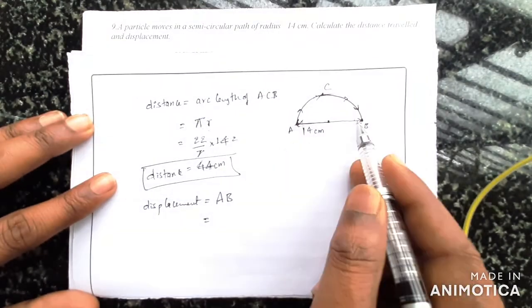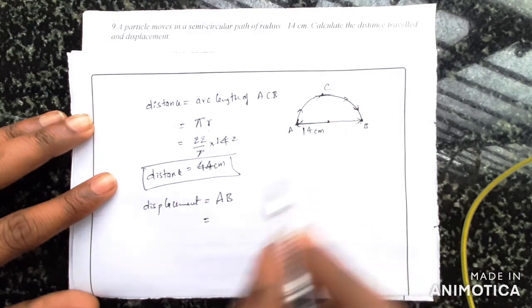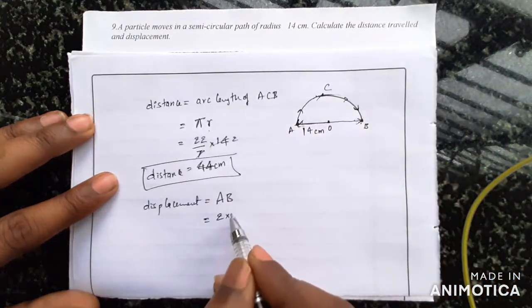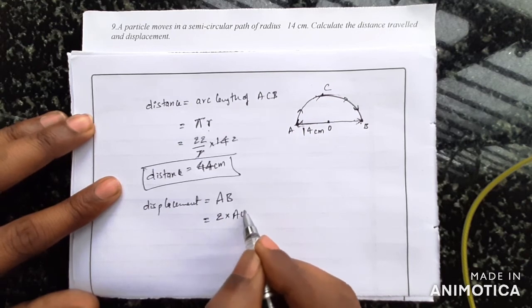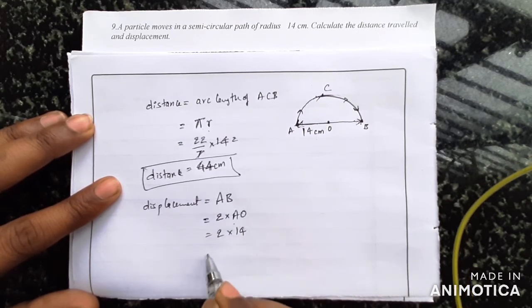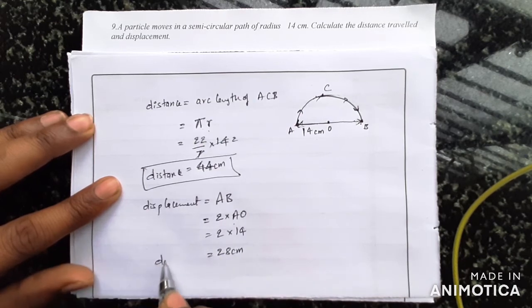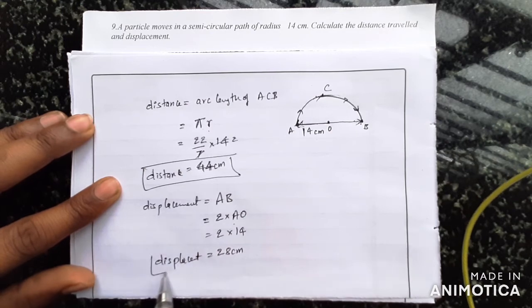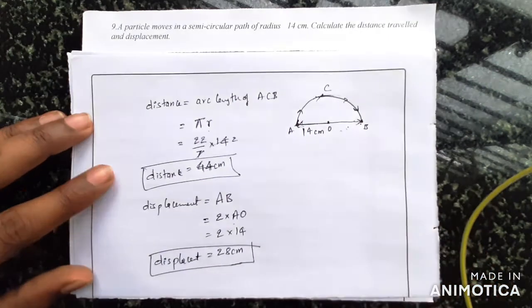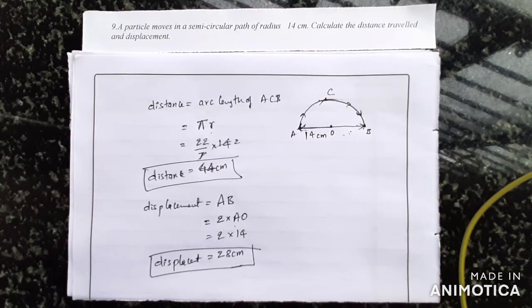AB is 2 times AO, where this is O and AO is the radius. So 2 times 14 is equal to 28 centimeter. That's it, very easy. Therefore, the displacement of the body is 28 centimeter for this motion. Very easy.